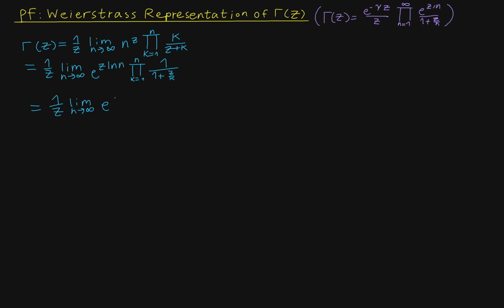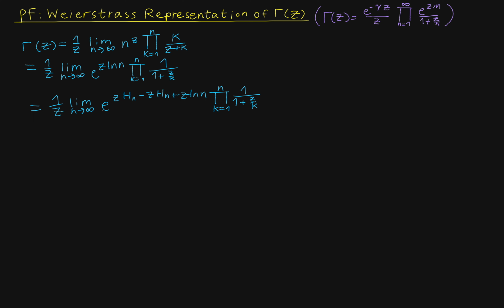So we have z times H of n minus z times H of n, and this would be now plus z times ln of n. Product stays the same, k is equal from 1 to n of 1 over 1 plus z over k.